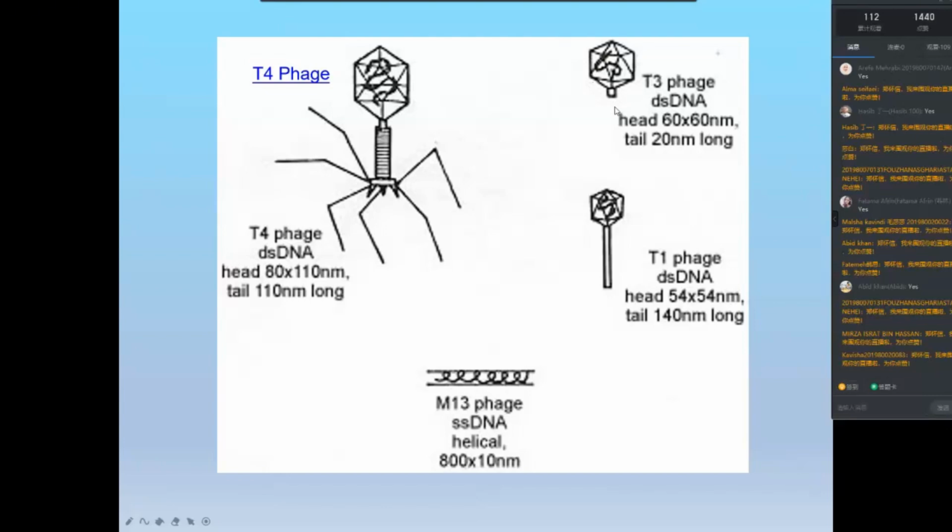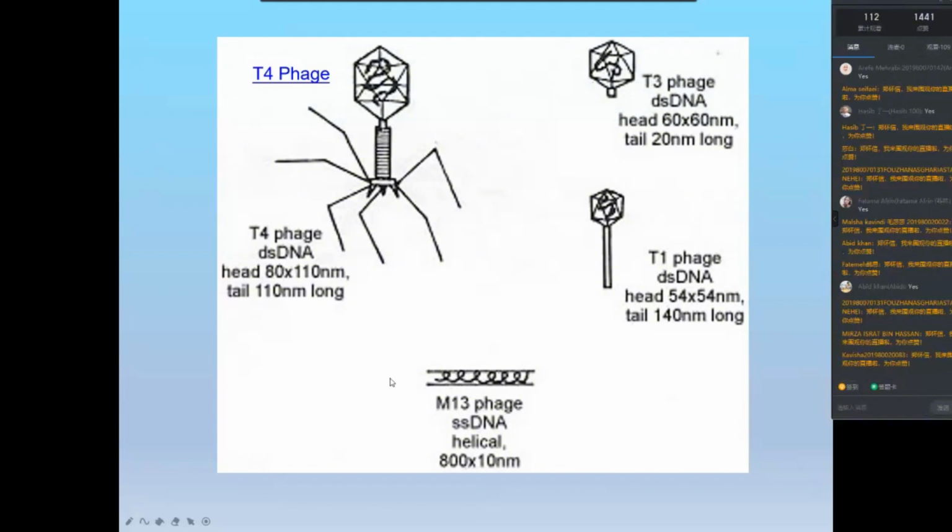The tail is very short, only 20 nanometers. While for T4 phage, the tail is 110 nanometers. It's pretty long. While for T1 phage, the tail is even longer, but there are no fibers and no tail plate. So a different structure.